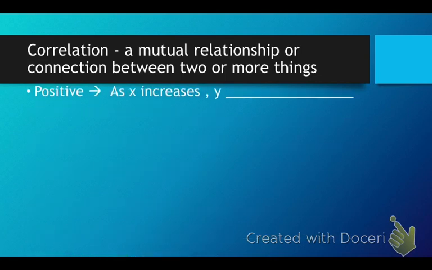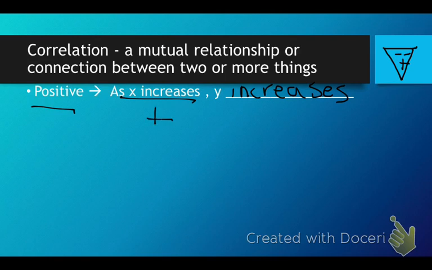So, in a positive correlation, as X increases, Y also increases. We can think of these correlations sometimes like multiplication and division, and we think to ourselves, if X is increasing, a positive, and Y is increasing, a positive, a positive and a positive make a positive.